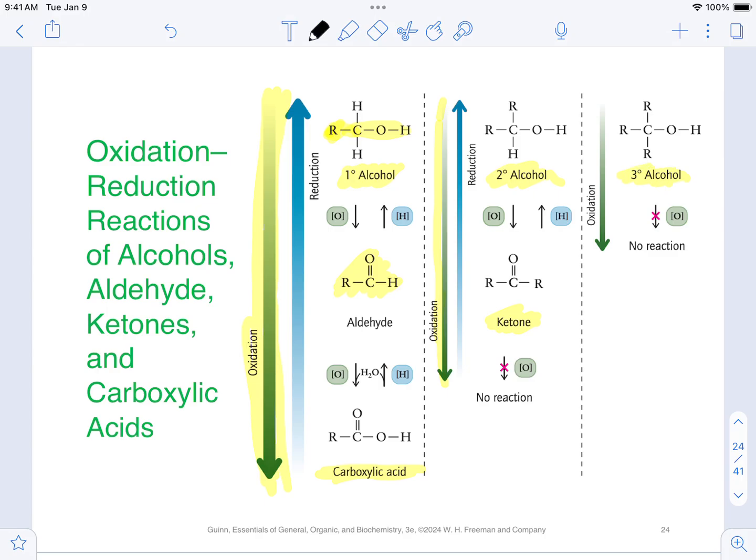There is no H's to be lost off this carbon. Notice they're all R groups. So that will be a no reaction. We'll have a question like that coming up. And then, of course, if you're going to talk in terms of reduction, you would just reverse all of these. The carboxylic acid would be reduced to an aldehyde, which would be reduced to a primary alcohol.